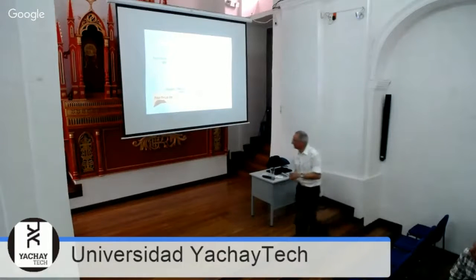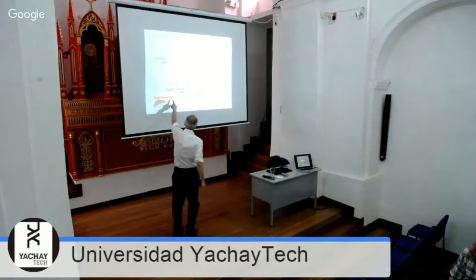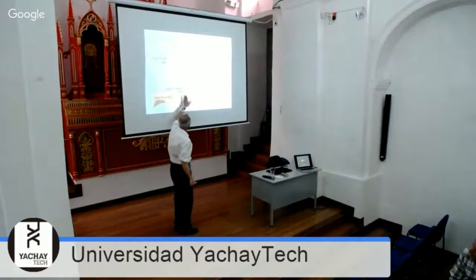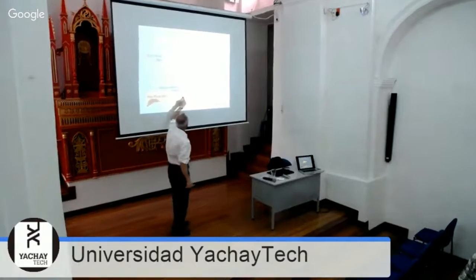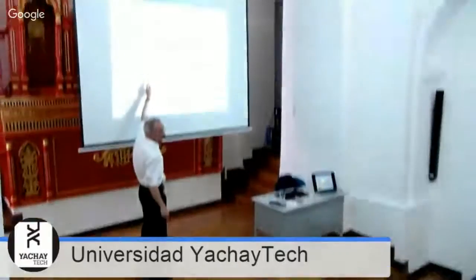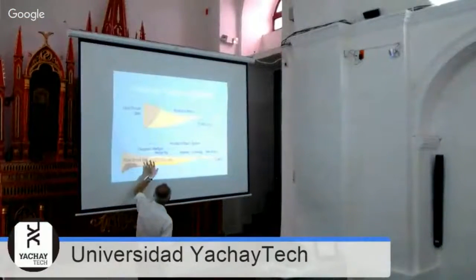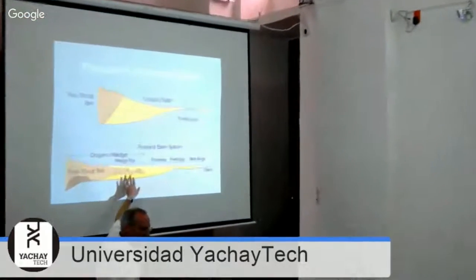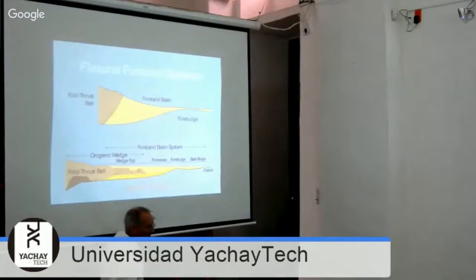So this is kind of like your classic thin thrust sheet, and we don't have that fold up. We're actually kind of like this cartoon. And then you're seeing down here, you don't preserve that.